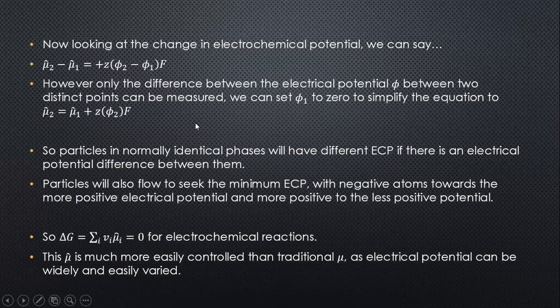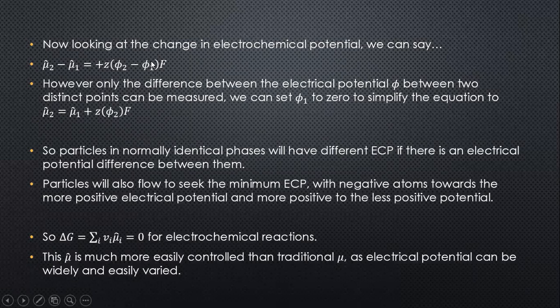Now we can only measure the difference between these two potentials. We cannot measure just one by itself. So we're going to set one equal to 0 and measure the other off of that, the same way we measured the Gibbs solvation of one ion in relation to another, where we set hydrogen as being 0.